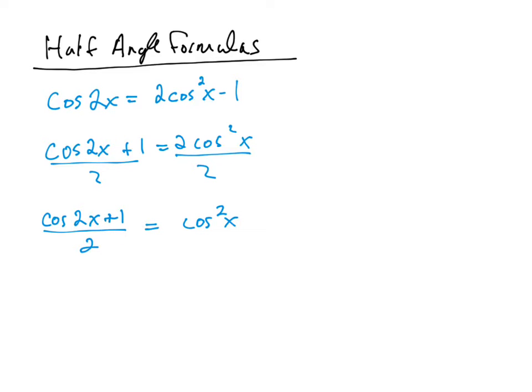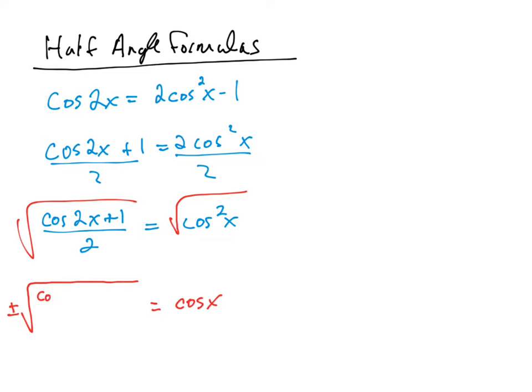Now on the right hand side, we want just cosine here. So let's take the square root of both sides. We're going to have cosine of x is equal to plus or minus square root of cosine 2x plus 1 divided by 2.